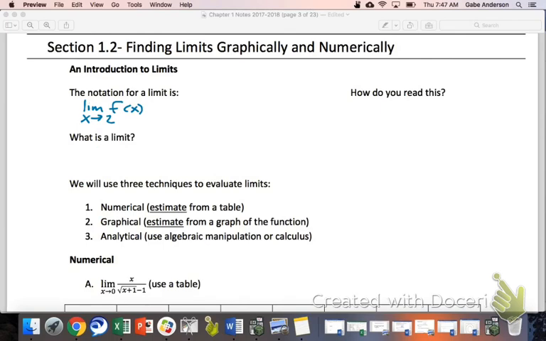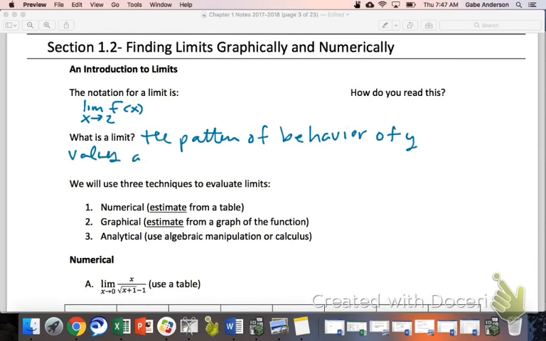So what is a limit? A limit is the pattern of behavior of the y values as x gets closer and closer to a specified value.